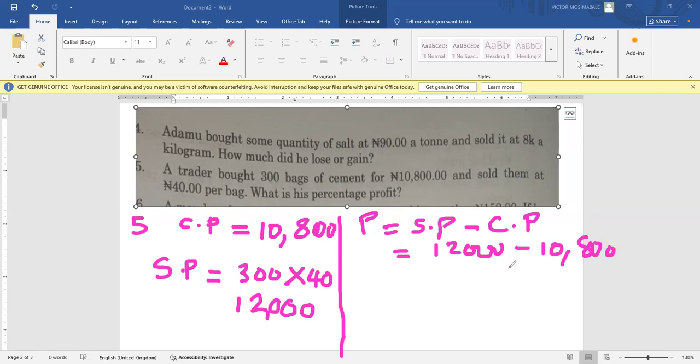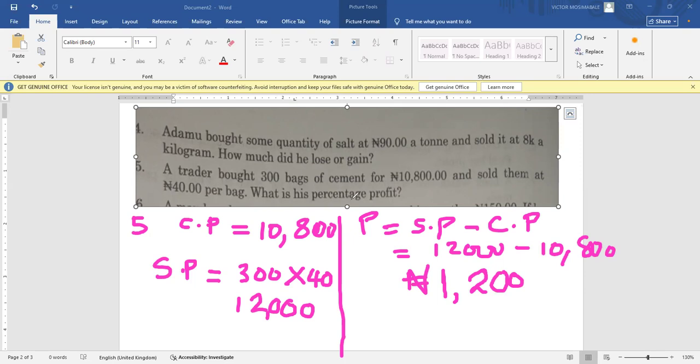And what that means is I'll be having 1,000. No, not 1,000. So I'm having to borrow, if you subtract very well, 10 minus 8 is 2. All right, so I'm going to be left with 1. 1 minus, this is 1,200. So 1,200 naira is my profit, right?